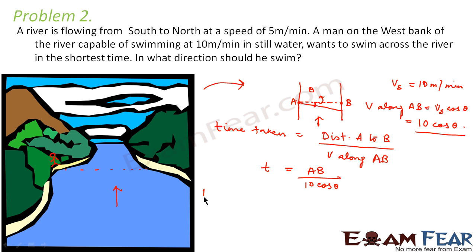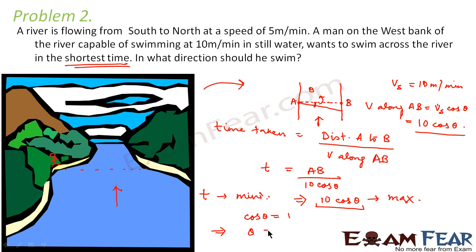Now the person wants time to be minimum, that is the shortest time, as you can see in the question. So for time to be minimum, 10 cos theta should have maximum value. Now 10 cos theta would be maximum when cos theta is equal to 1, and cos theta equal to 1 would mean that theta is equal to 0 degree.